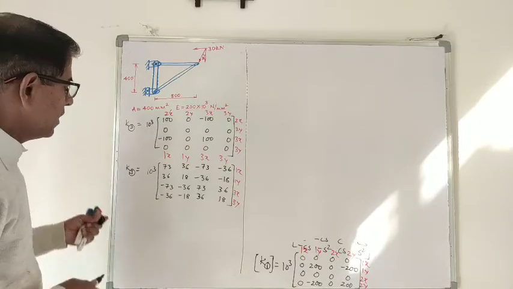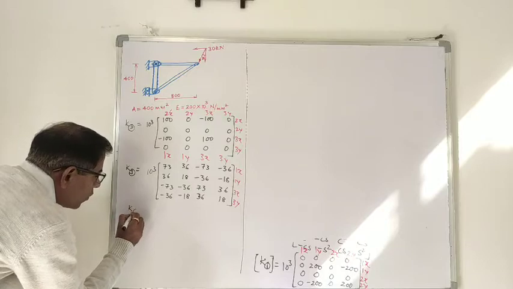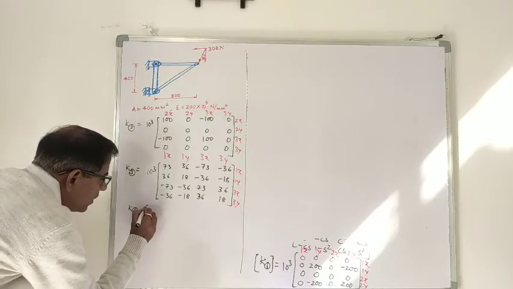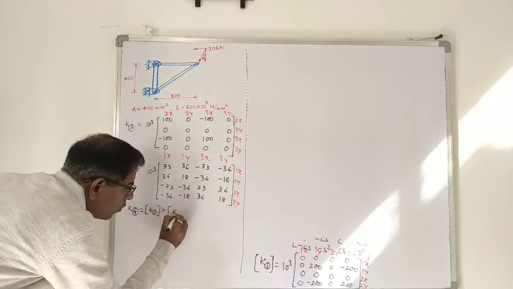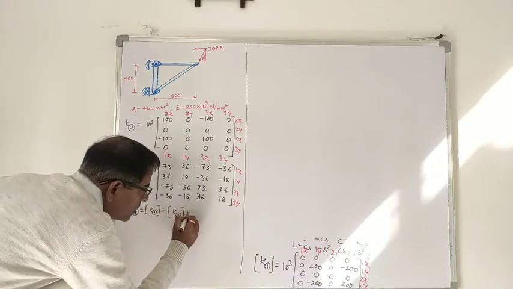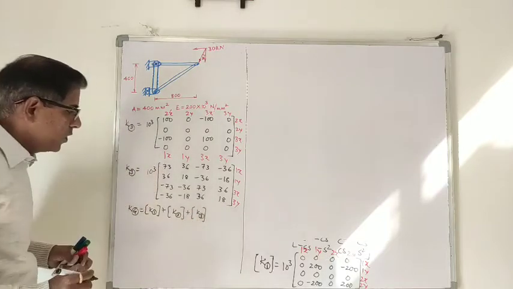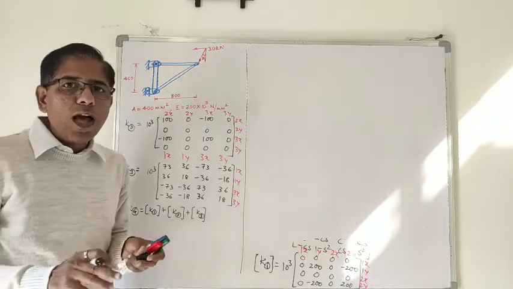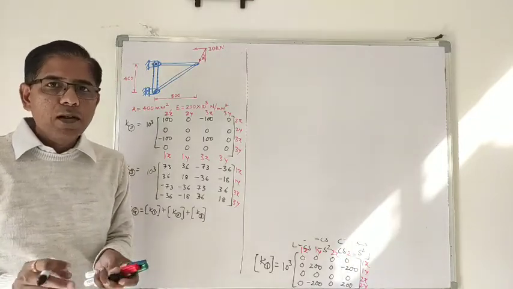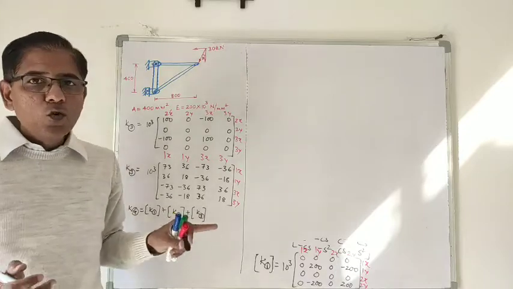Now the global stiffness matrix. The global stiffness matrix will be K1 plus K2 plus K3. The size of the global stiffness matrix is equal to 2 times the number of nodes by 2 times the number of nodes, since this is a 2D problem.